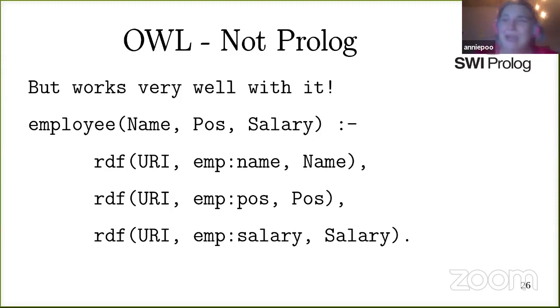I think I can claim that SWI-Prolog supports the semantic web better than any other language. There is a SPARQL server that's part of the semantic web support that comes with SWI-Prolog. So if you want to stand up a SPARQL server for your Prolog backed system, all you have to do is basically load a library and tell it where the HTTP is. Okay, thanks.